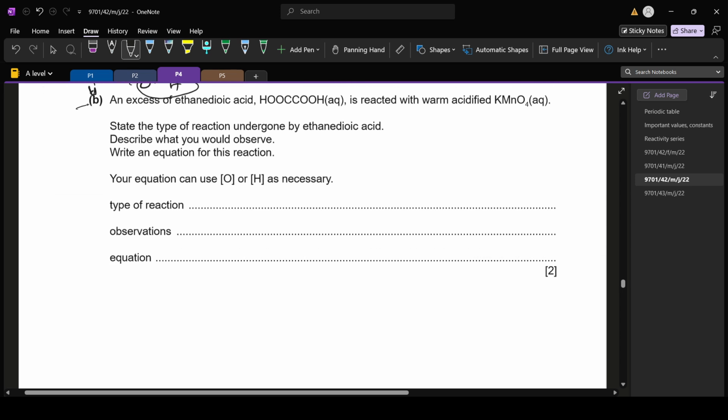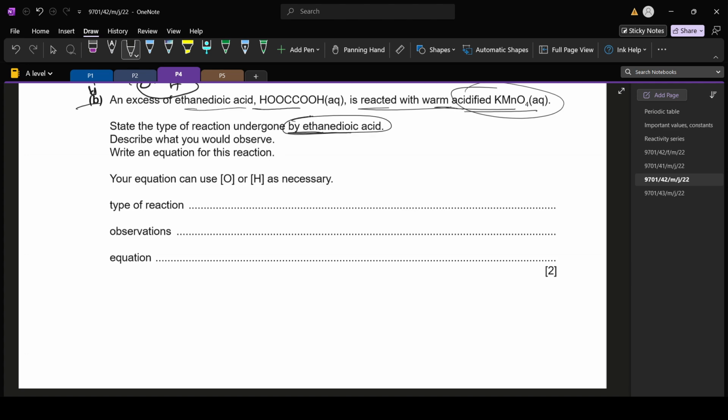Now moving towards part B. An excess of ethanedioic acid is reacted with warm acidified KMnO4. State the type of reaction undergone by ethanedioic acid. So this is an oxidation reaction.